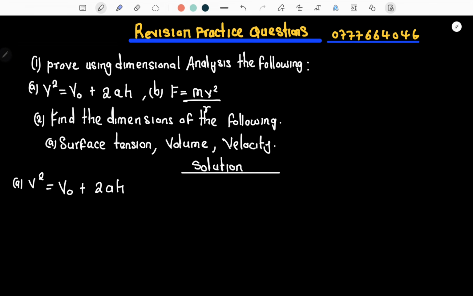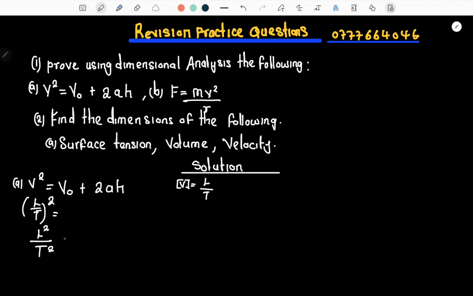Well, we know that the dimensions of velocity is simply L over t. So if I replace it with L over t to the power 2, I'm simply going to get L to the power 2 over t to the power 2.